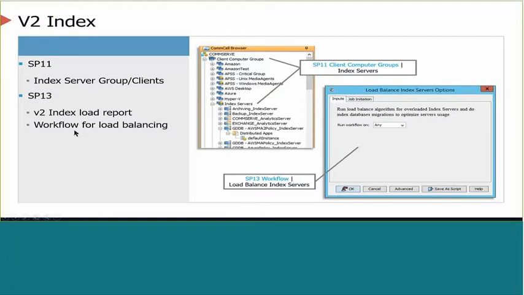So what's new for Service Pack 13? Well, we have this index load report. Why is this important? With V2 indexing, if you had 4 or 5 media agents within a pool, the way V2 indexing works is the initial index server that's touched by the backup job will also own that given client's index information, until such a time you either manually move it or something like that.